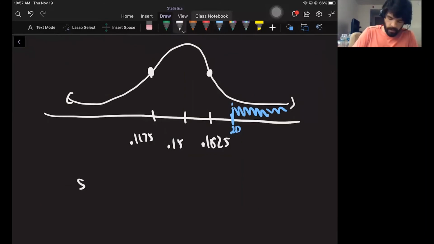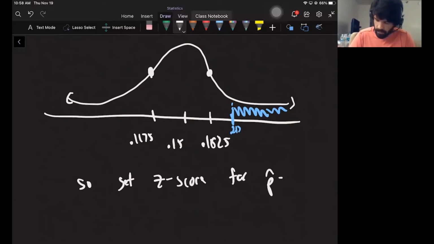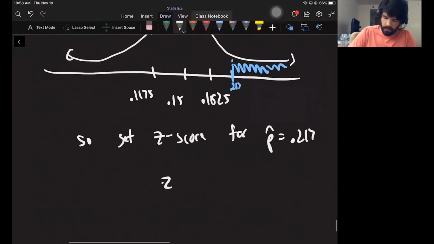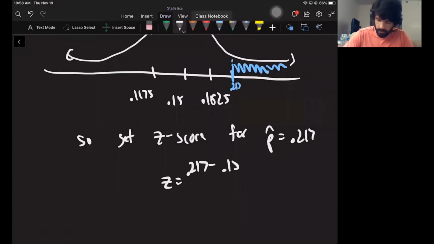So I just get the z-score for this specific data point, 0.217, on this distribution, using the same formula as always: 0.217 minus the mean divided by the standard deviation, which was 0.0325.